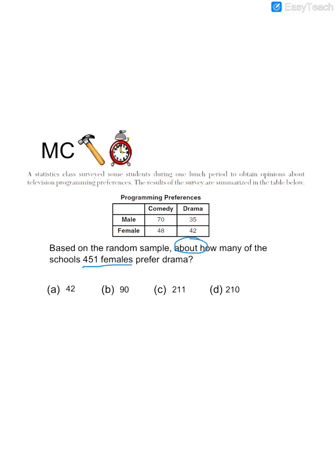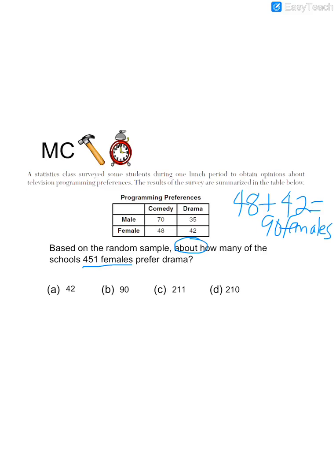All right, so let's talk about this. There's no totals here at all whatsoever, so I'm going to do a couple of totals. I'm really just worrying about the females, so I'm going to add up 48 and 42, and together I get 90 females. Hopefully you know that.